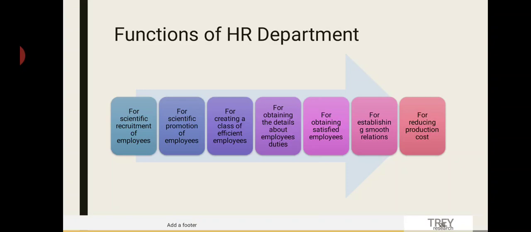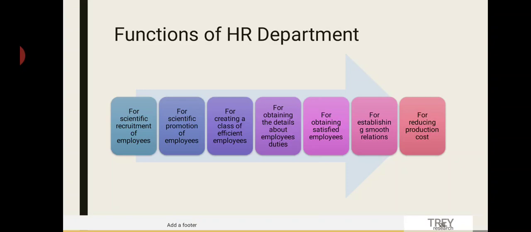Suppose you see some informal functions being organized by the company. Why? Because they want to make an informal kind of atmosphere in the organization, so that employees get the chance to know each other, let them know their colleagues, and let the boss also know the employees, right?